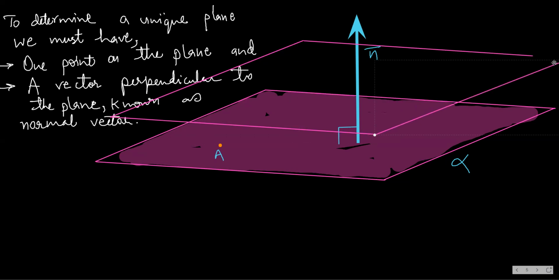Since I am given only the perpendicular vector, you can understand, students, there are infinite such planes. You see this, even this plane is also perpendicular to n bar. This is also perpendicular to n bar.